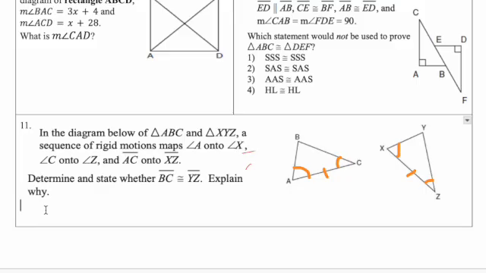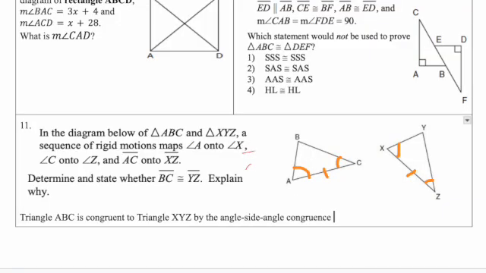So we have an angle, a side, and an angle. So we know that triangle ABC is congruent to triangle XYZ by the angle, side, angle congruence theorem.